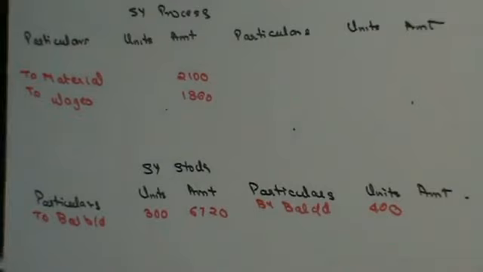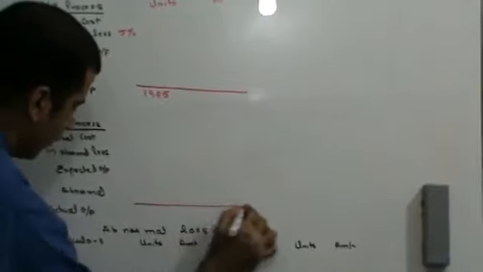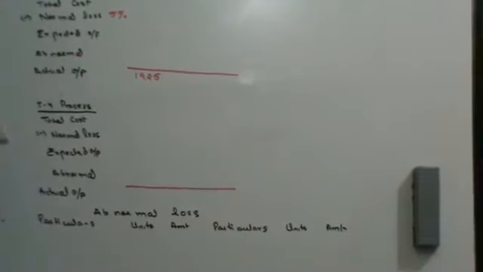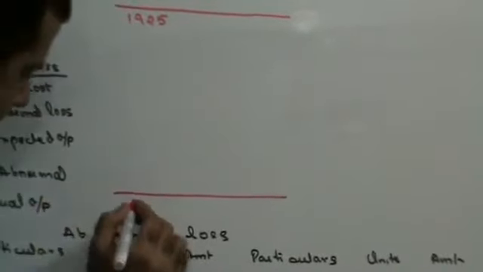Now, the same way I'm going to fill in the information for the TY process. Guys, please see this, you're doing the same process three times. You should be very clear with this now. First thing that you will do is record the output during the month. They've given you that output during the month is 1679.